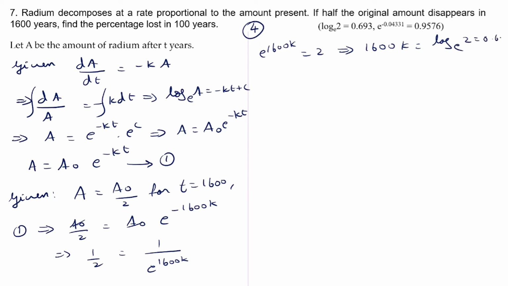Log 2 to the base e is 0.693. It is given here. So from this we get k as 0.693 upon 1600. Now when we divide, we get it as 0.0004331.